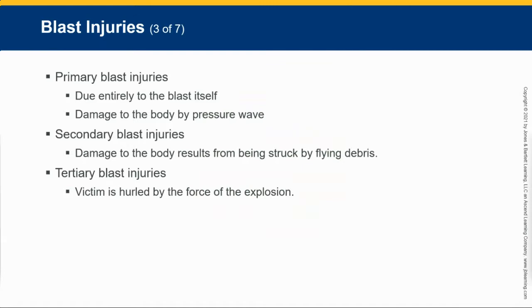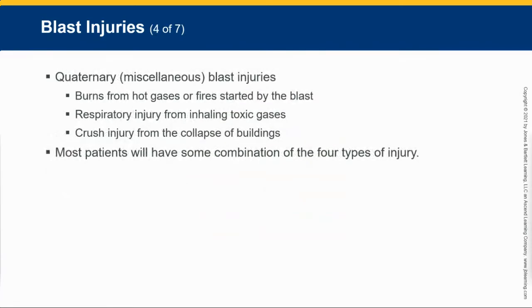And then last, we have a quaternary or miscellaneous, and this could be anything from burns to crush injury to inhaling toxic gases and having respiratory issues. But most patients that will survive any type of blast injury are going to have some kind of combination of the 4.